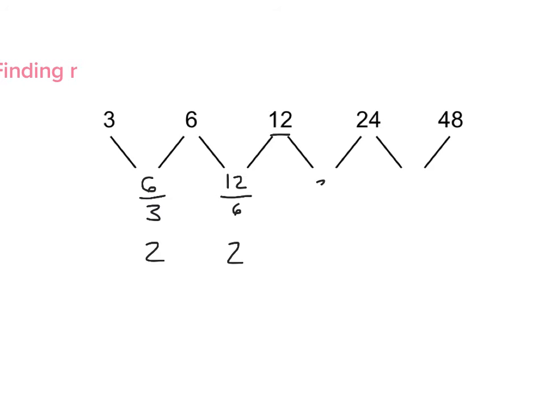The third one, we have 24 divided by 12, and that simplifies to 2. Then 48 divided by 24 simplifies to 2. So our ratio here is 2. So that's just a little trick for how to find the ratio.